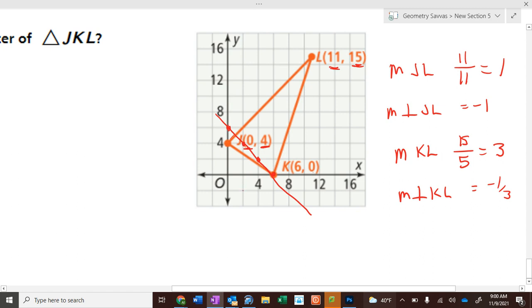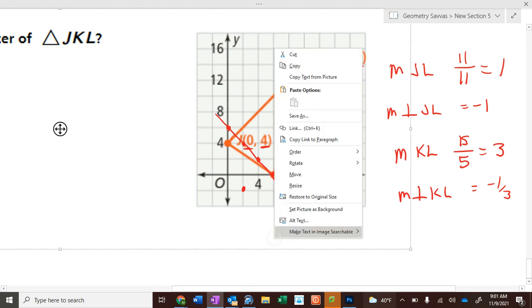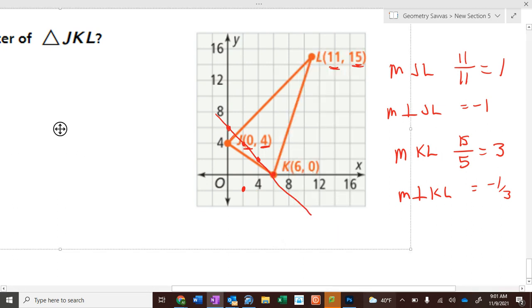Ooh, that doesn't look right. Yeah. Down 1/3, to the right 1, down 3. That's not getting any closer. KL. So I go from here to the right 1, down 3, to the right 1, down 3.